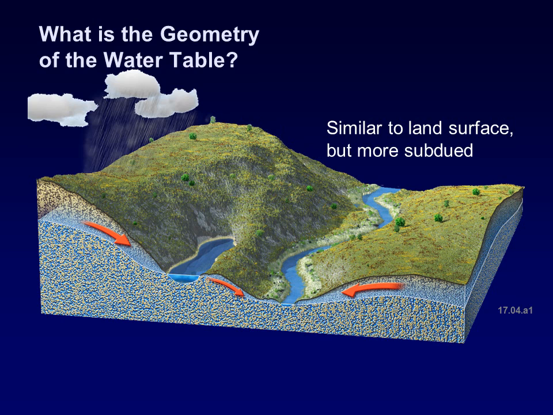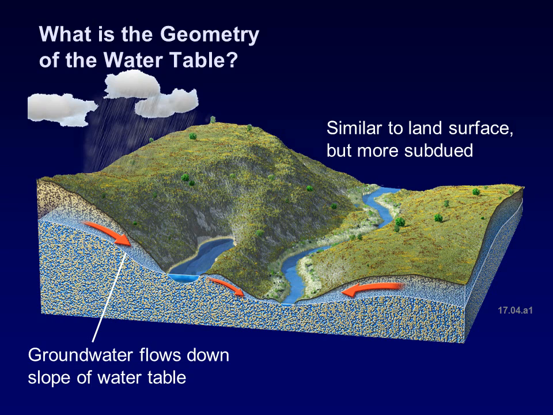Okay, if that's the case, the water table below it might be at something like a 30 degree angle. Okay, it's going to mirror what the surface looks like, but in a more subtle way, in a less extreme way. That's what I mean by the water table is similar to the land surface, but more subdued.